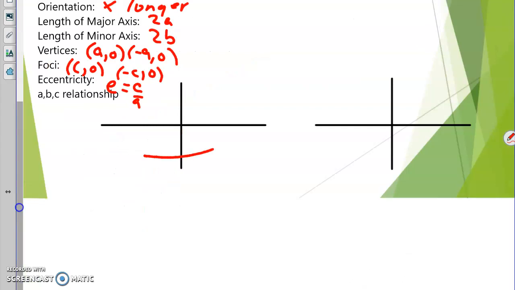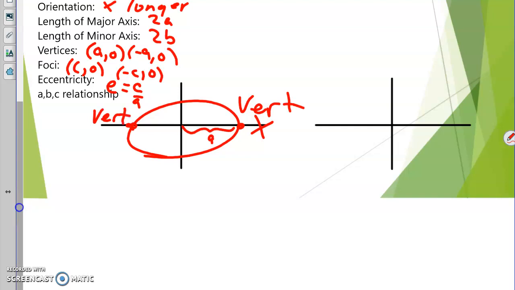So I'm going to draw me an ellipse. My x-axis is longer. This distance here is considered your A, and your vertices are going to be there and there. This distance here is to the co-vertices. That distance is B. So up here where I said the distance of the major axis was 2A, that's that entire distance all the way across there.